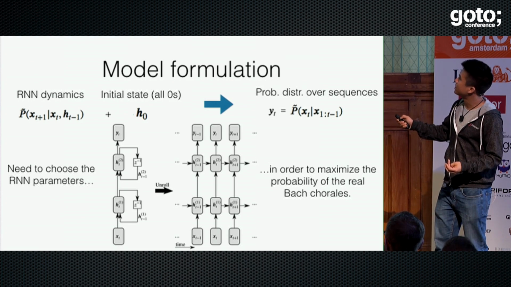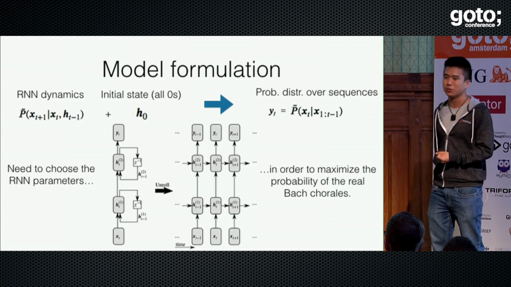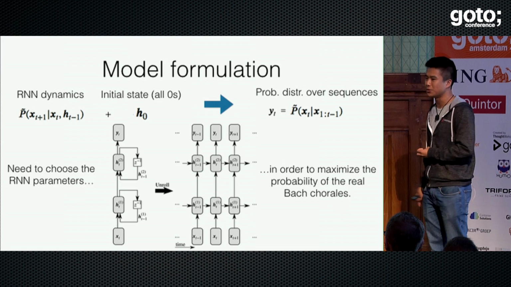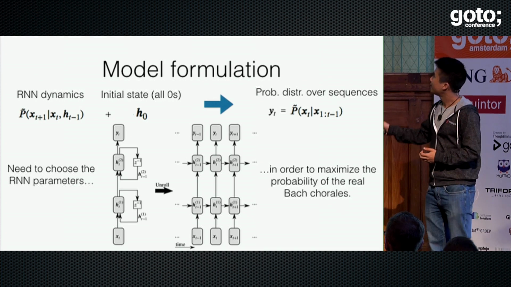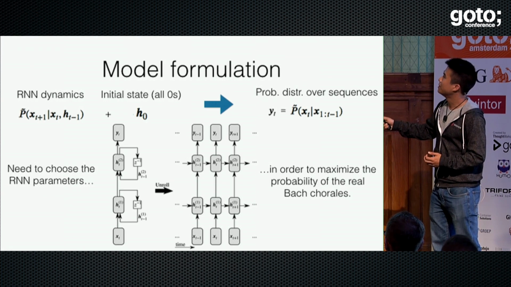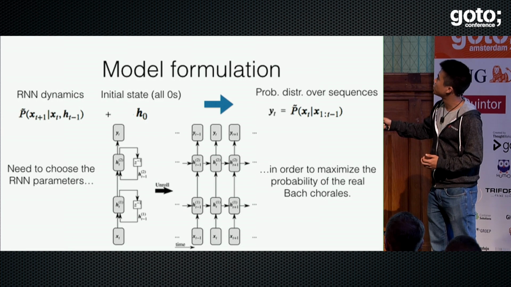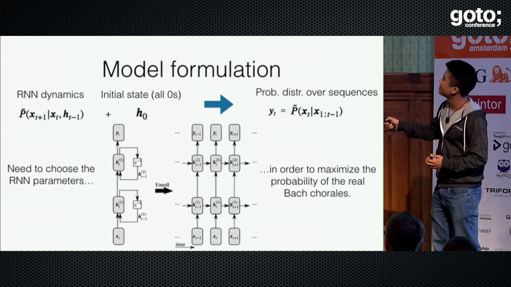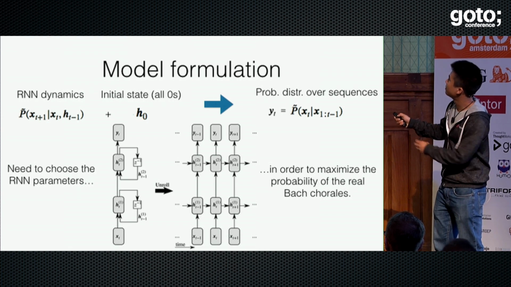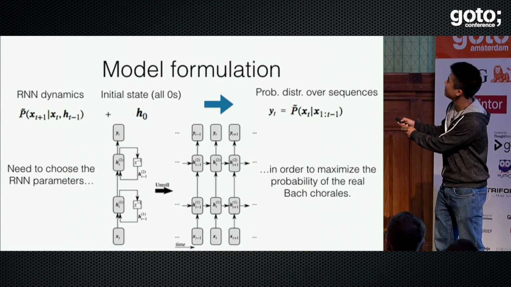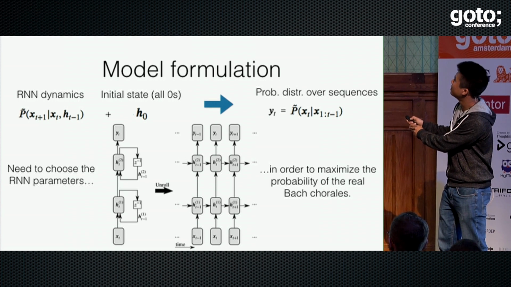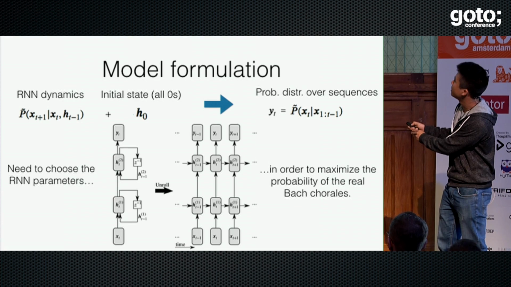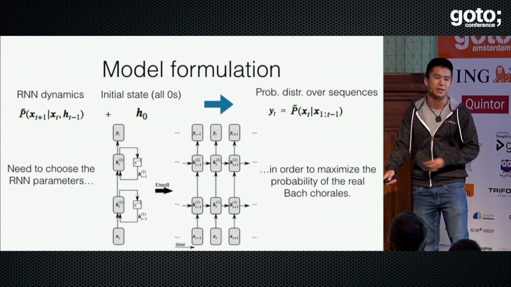So given the initial hidden state, which we just initialized to all zeros because we have a unique start symbol used to initialize our pieces, and the RNN dynamics, this is the probability distribution over the next state given the current state, so this y_t is equal to that, and it's a function of the current input x_t as well as the previous hidden state from t minus 1.